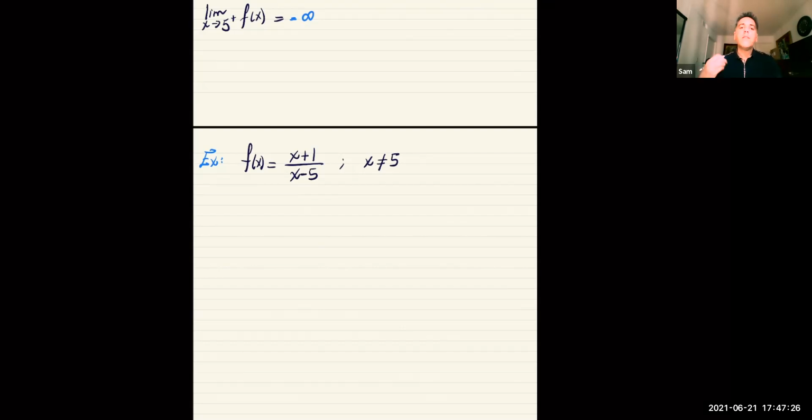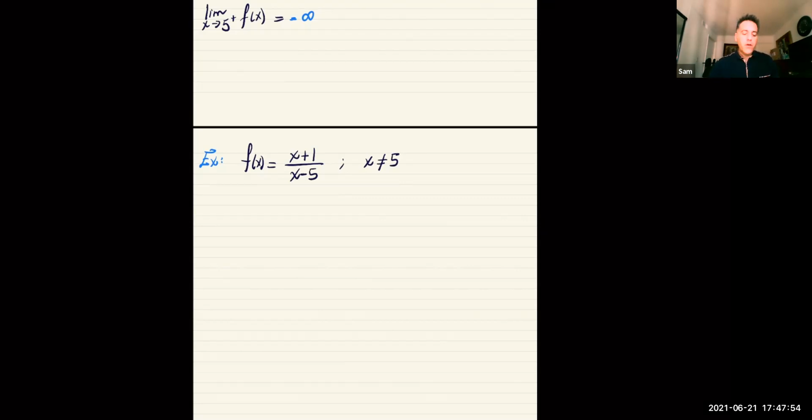But the basic logic is that when x is close to 5, the denominator will be really small. And when you divide by small, the result is going to be big.